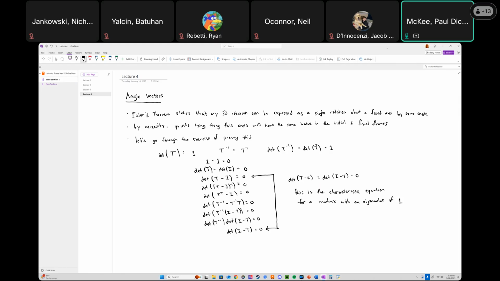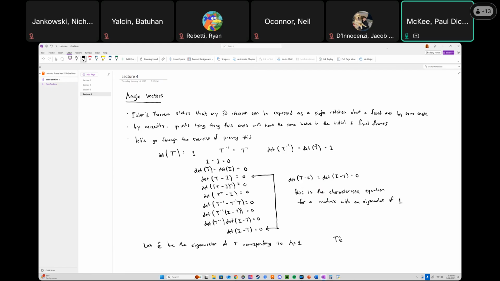So let E be the eigenvector of T corresponding to lambda equals 1. And of course, we know the equation. When we're doing eigendecomposition, we see something like this, right?